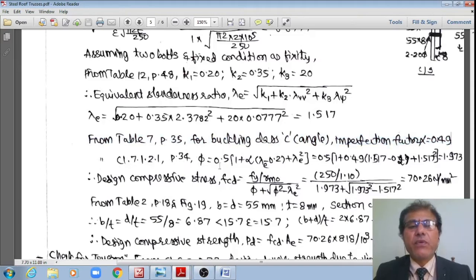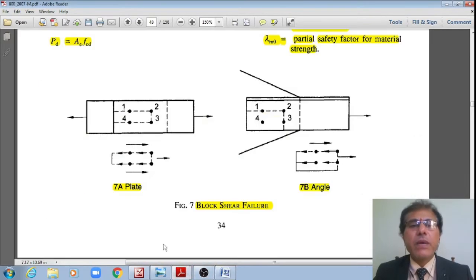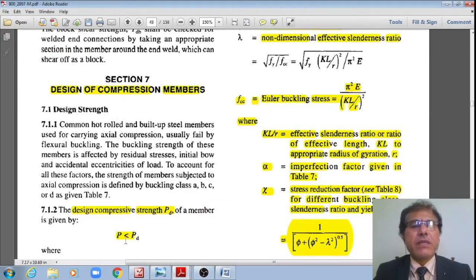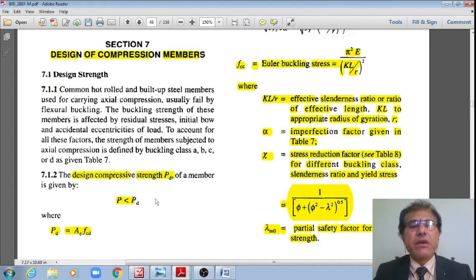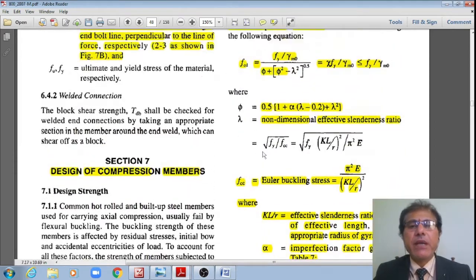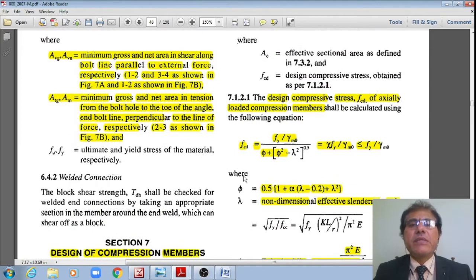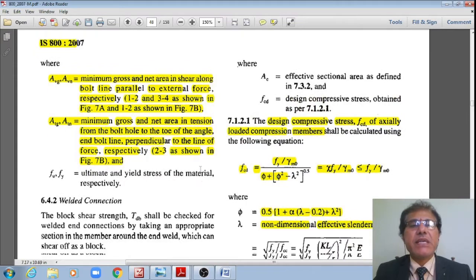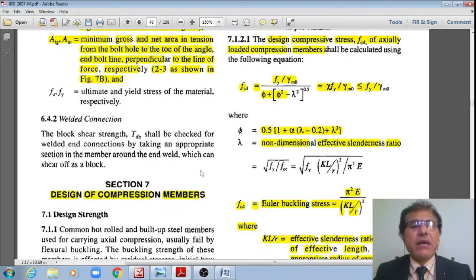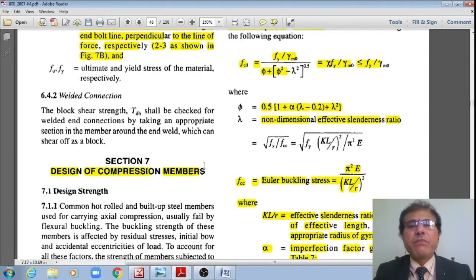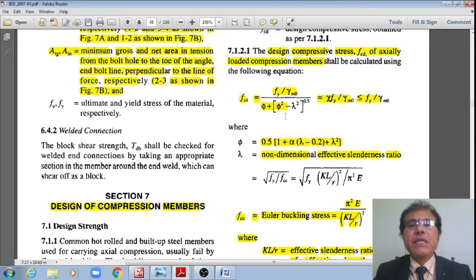clause 7.1.2.1, page number 34, I do have this phi given. Let me go back to page number 34, wherein I do have this design compressive strength: P should be less than or equal to PD, where PD is equal to AE FCD, where AE is the effective sectional area and FCD is the design compressive stress as per IS 800 2007 clause 7.1.